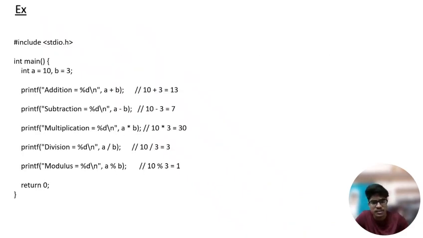We can see an example in a C program of how we can perform operations using arithmetic operators. You can see clearly addition, subtraction, multiplication, division, and modulus.